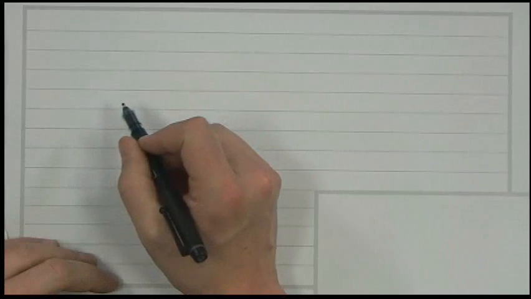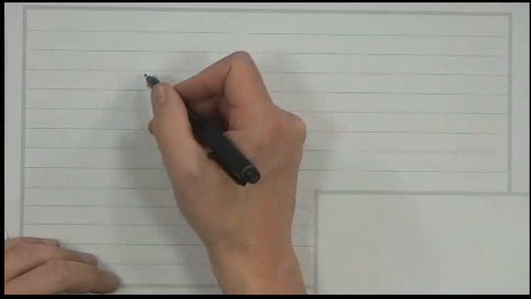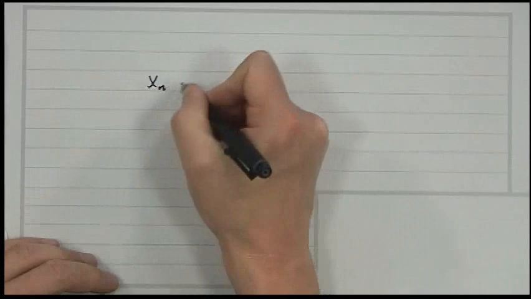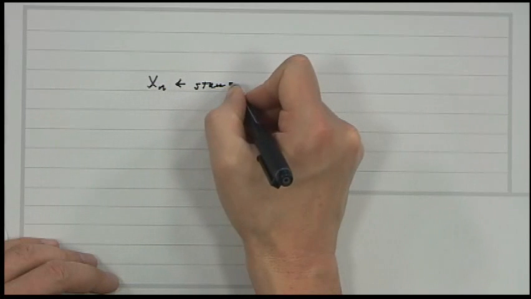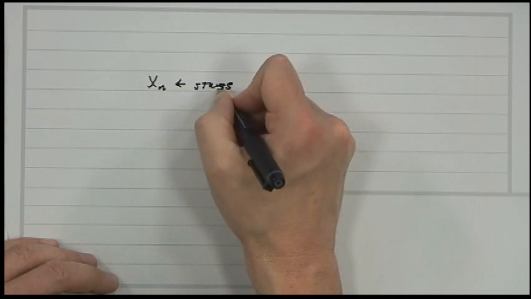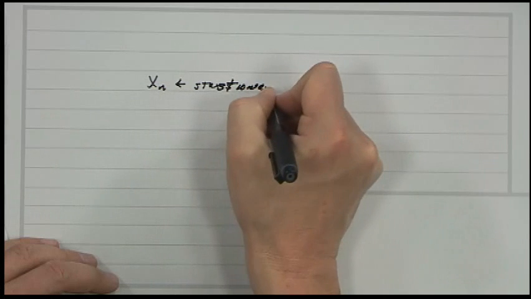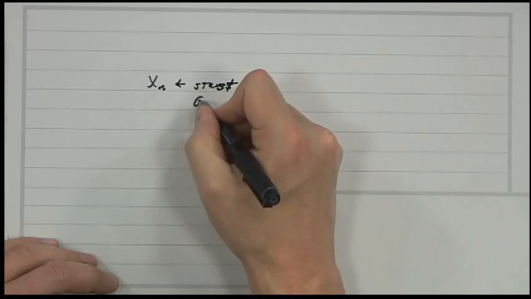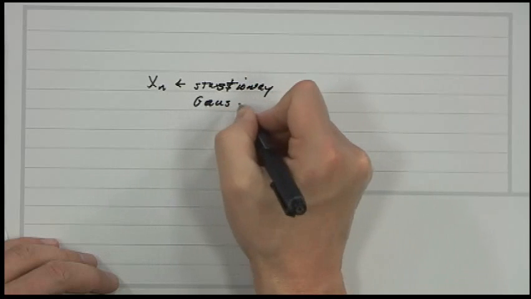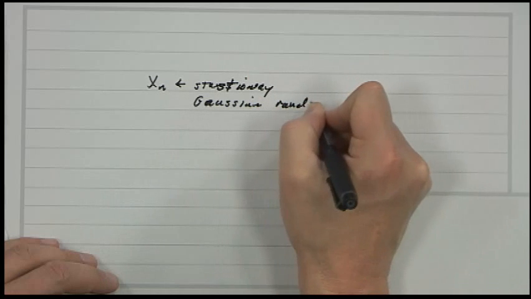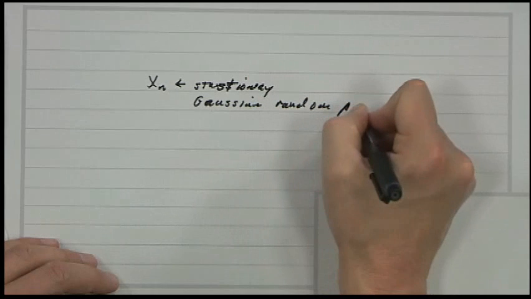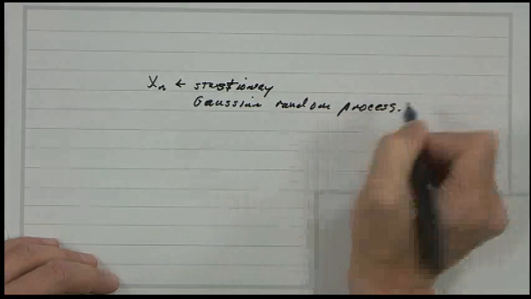If you have a stationary random process, let's say x of n, say Gaussian, though it doesn't have to really be Gaussian. The key thing is that it's stationary.